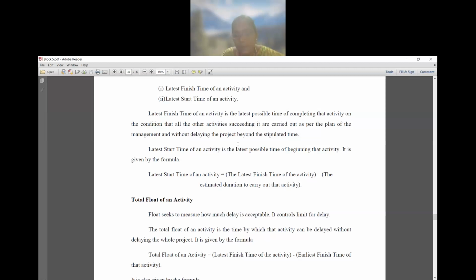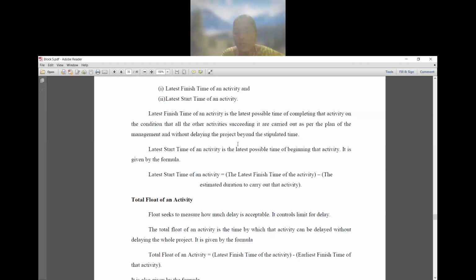Keep in mind that the earliest time is otherwise called the forward direction, whereas latest means the backward direction.